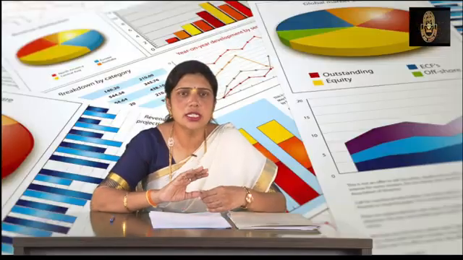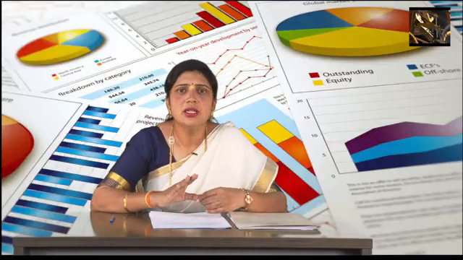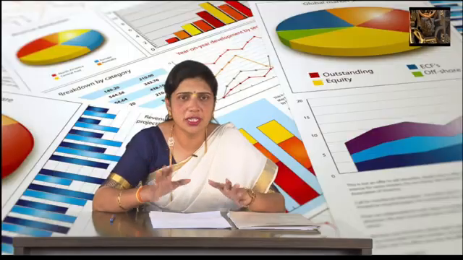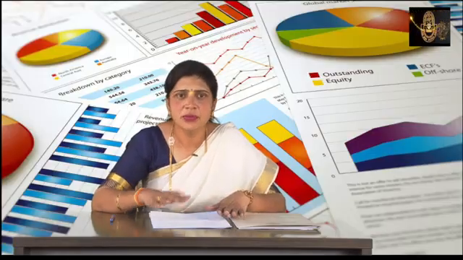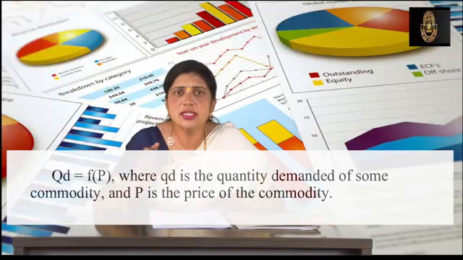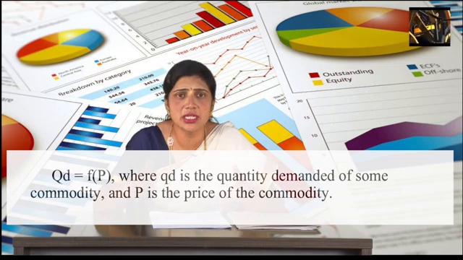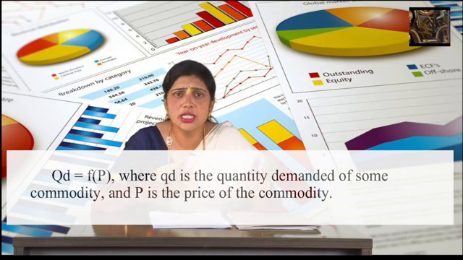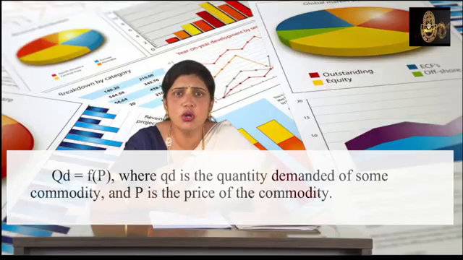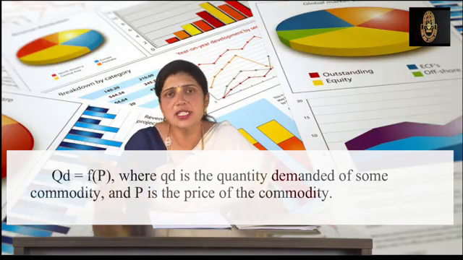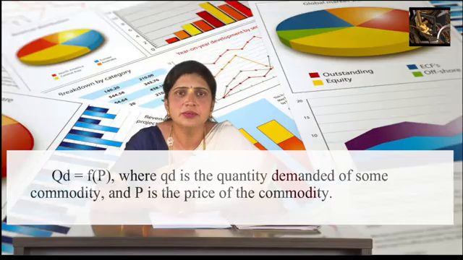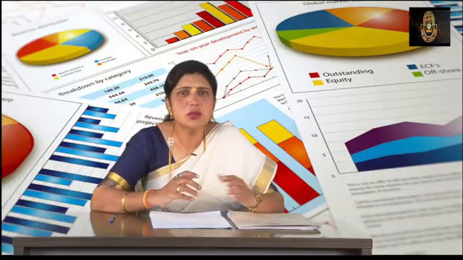The hypothesis that quantity demanded depends on the price of the product is written as QD = F(P), where QD is the quantity demanded of some commodity and P is the price of the commodity. What is the concept of error term?